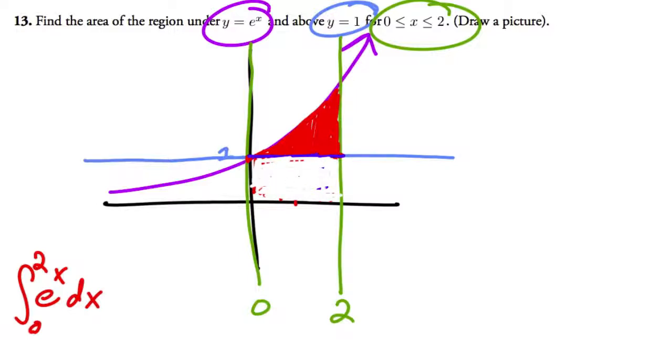So you find the area underneath all of e to the x from 0 to 2, and then you subtract the area underneath y equals 1 from 0 to 2. Since that's a rectangle, you can just find it. That's just 2, so minus 2.